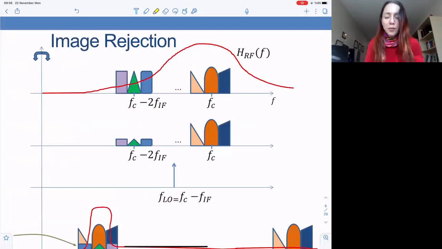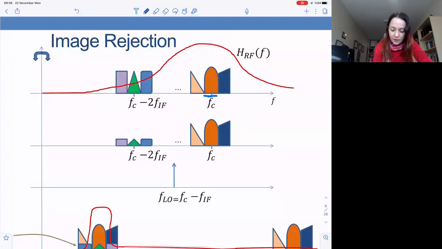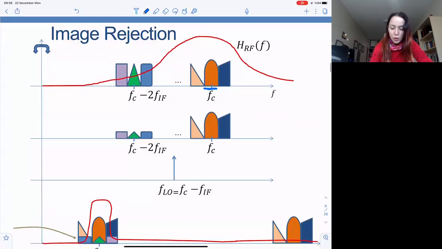Now, there are going to be some problems which you can infer from this FC plus or minus FLO mixing part. What is that problem? The problem of images forming on top of our signal. So suppose this orange signal is our intended signal, spectrum shown in orange, centered at FC.